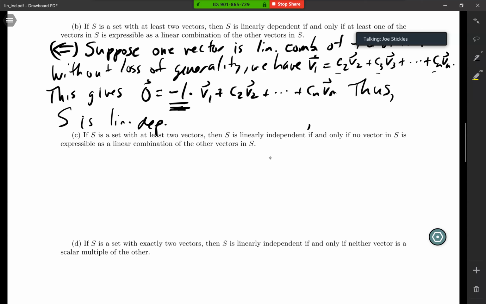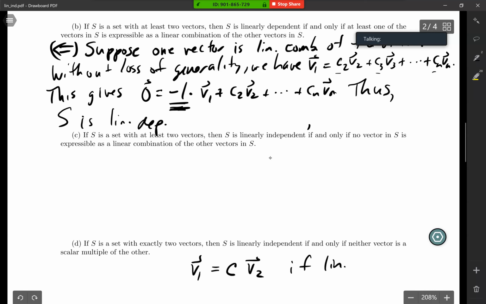If it only has two vectors and is linearly dependent, what has to happen if one of them is going to be a linear combination of the others? If you only have two vectors, V1 and V2, and it's linearly dependent, how is one vector going to be a linear combination of the other vector? What does it have to be? It has to be a constant times it, right? That's from part B, isn't it?